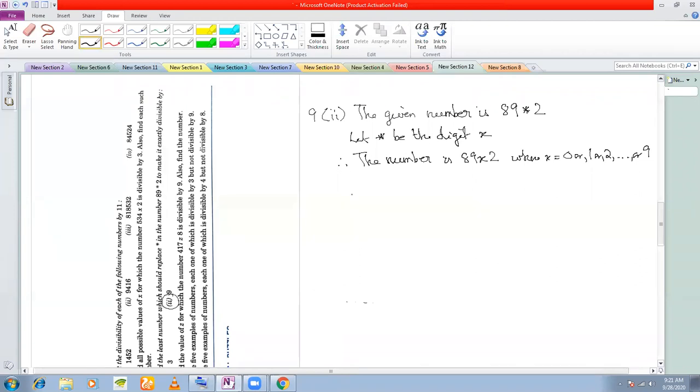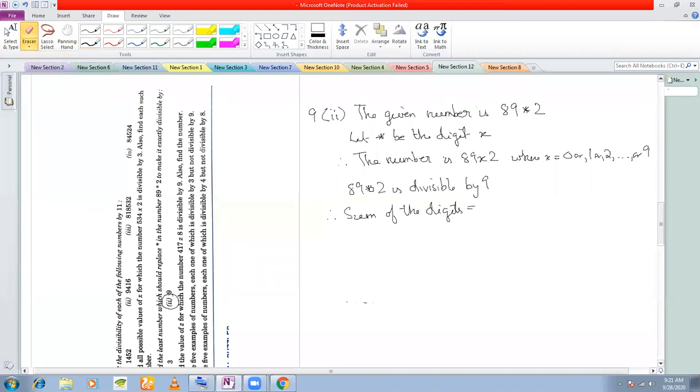Now clearly this is given to be divisible by 9. 89 star 2 is divisible by 9. Sum of the digits is equal to 8, not star.